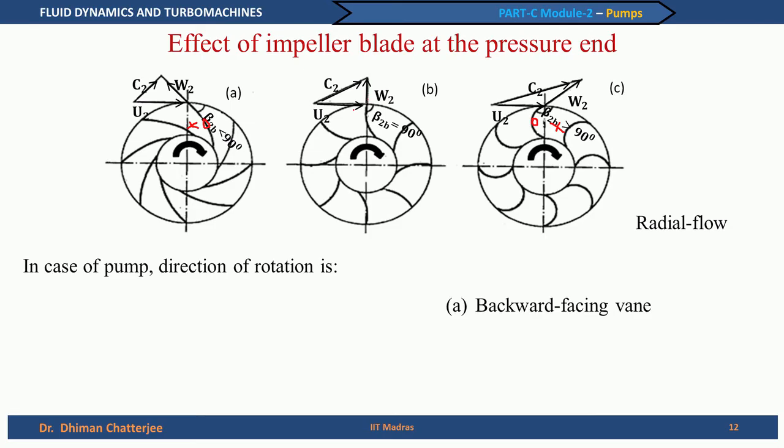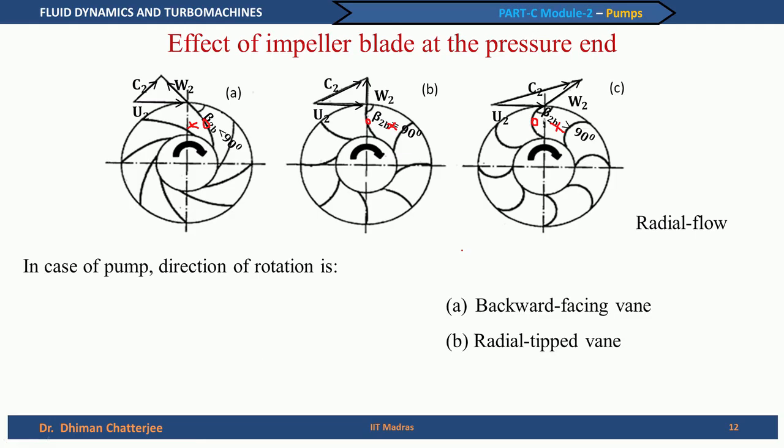If you look at it more attentively, the second one is also the same. In this case, you have the observer here and the center of curvature here, which is again in the direction of rotation. However, for case B, we give it a special name, because beta 2b is 90 degrees, and this is going to be the case of radial tipped vane.